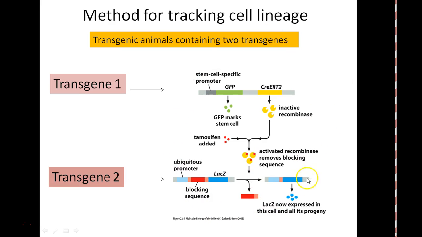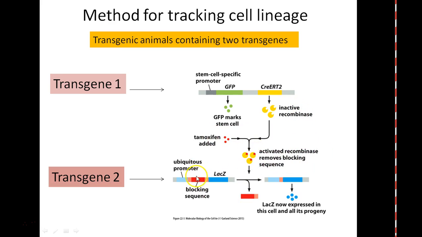So what's happening when we have those 2 transgenes in the stem cell? This promoter will be active and will create GFP, so you can see the stem cell glowing green, and the stem cell will also produce this inactive recombinase. When you provide tamoxifen to the animal, the tamoxifen will activate the recombinase.